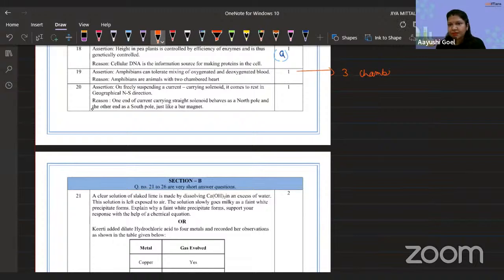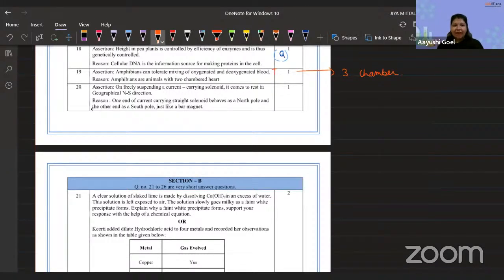See, the human heart has 4 chambers, due to which we can separate the oxygenated and deoxygenated blood in the left and right chambers. In amphibians there are 3 chambers, so in one chamber the oxygenated and deoxygenated blood are together. So they tolerate the mixing. This is the true part.